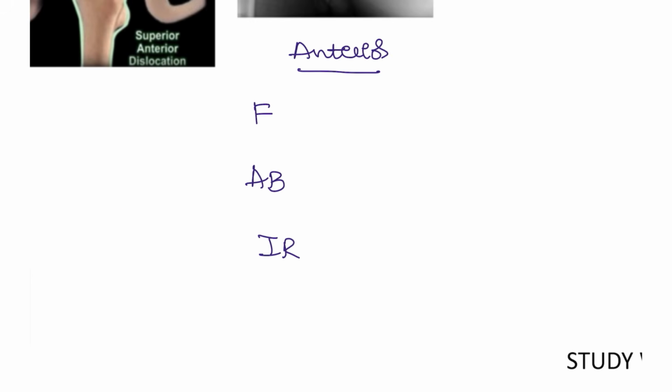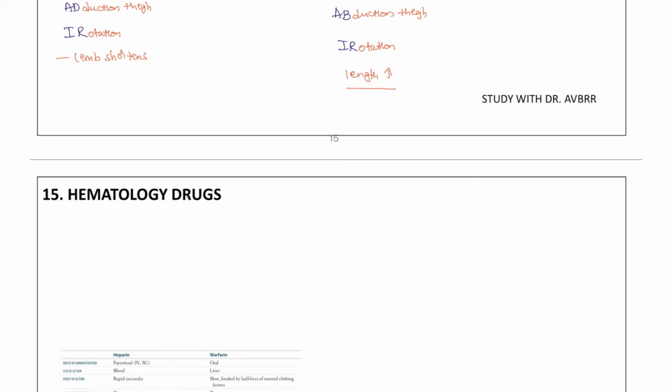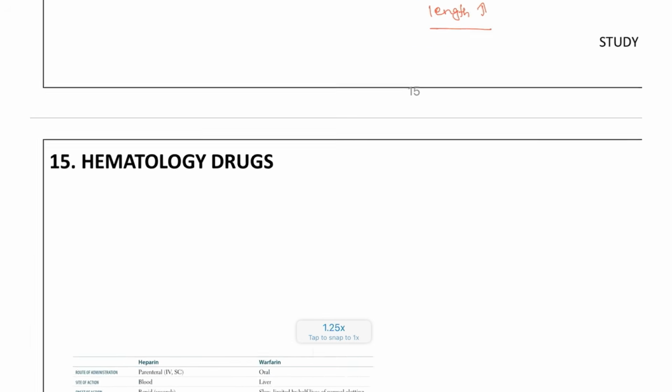How can you identify the anterior? There will be flexion at the hip again and abduction of the thigh plus external rotation. But here the limb length is increased. Lengthening will be seen in the anterior dislocation. You can easily identify these points.